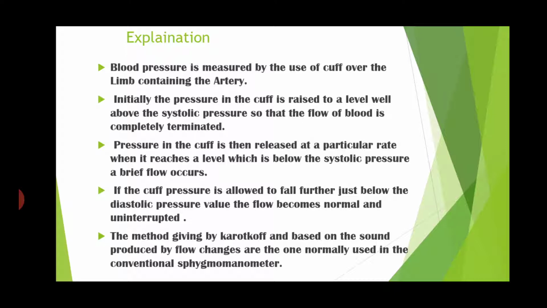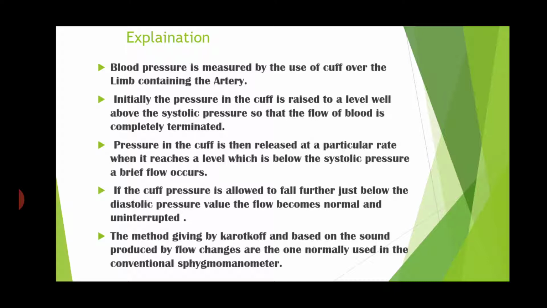Blood pressure is measured by the use of a cuff over the limb containing the artery. Initially, the pressure in the cuff is raised to a level well above the systolic pressure, so that the flow of blood is completely terminated. Pressure in the cuff is then released at a particular rate. When it reaches a level below the systolic pressure, a brief flow of blood occurs.